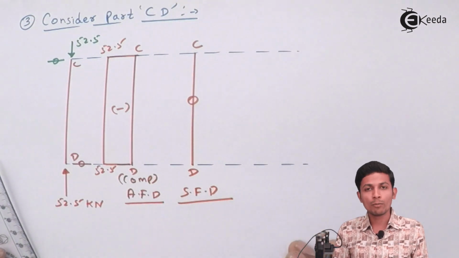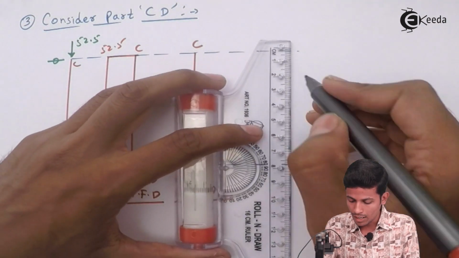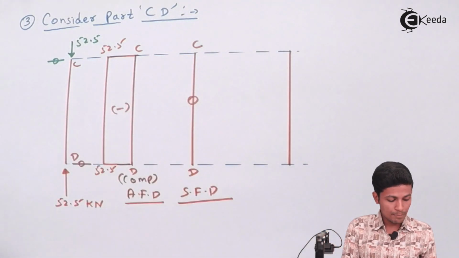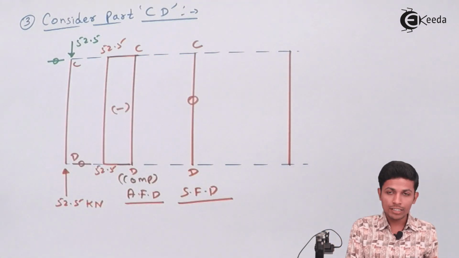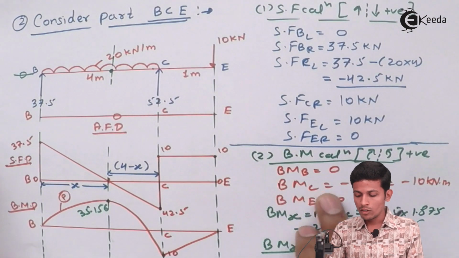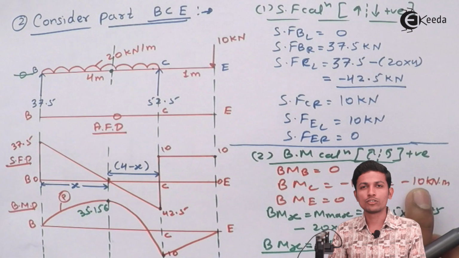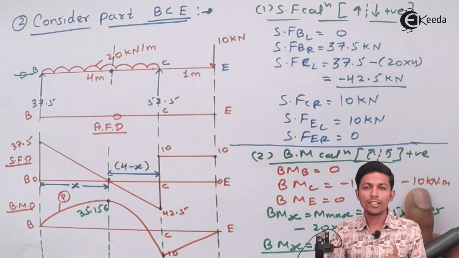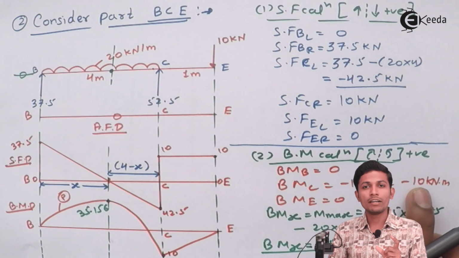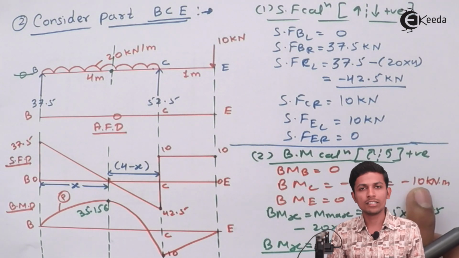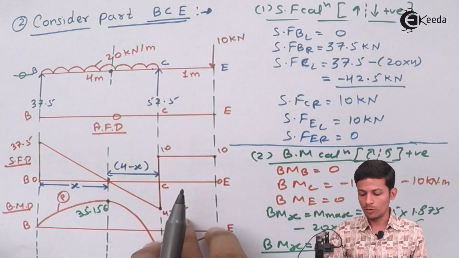Now what about the bending moment diagram? Just draw the bending moment diagram over here. As you calculated the bending moment at C in the previous sum and previous member, there is no need to solve again, because I always explain that in the bending moment diagram we always see the original diagram given in the question. So we already found the bending moment at C, put the value directly.